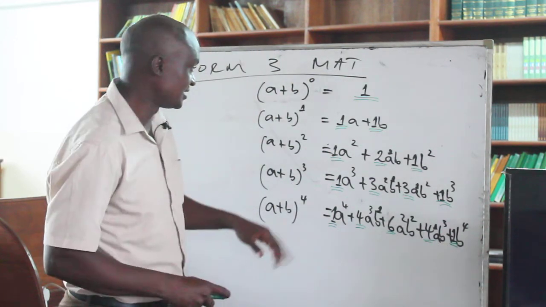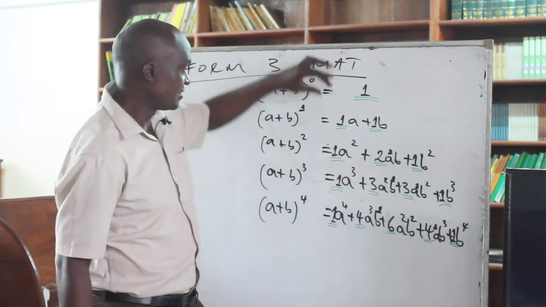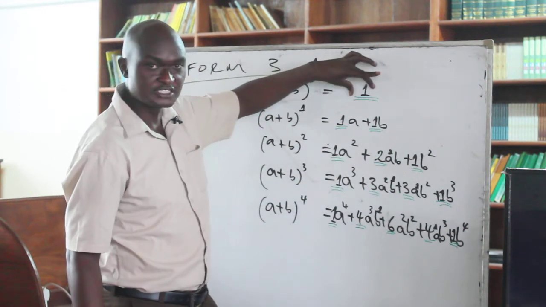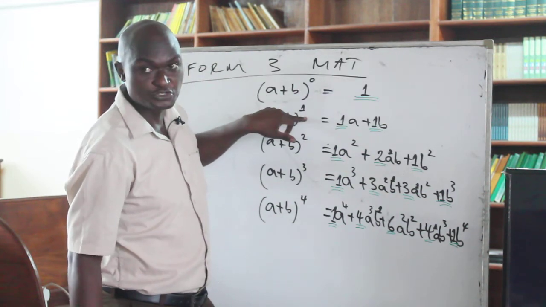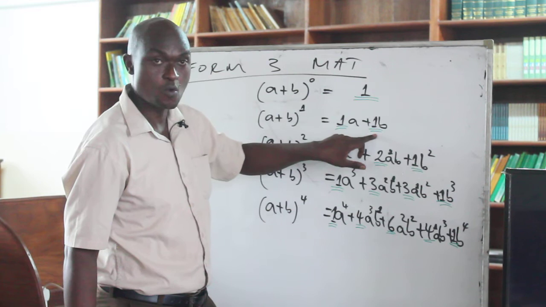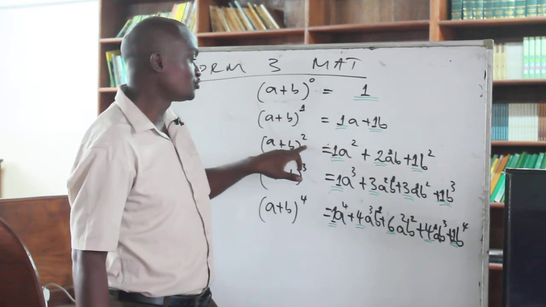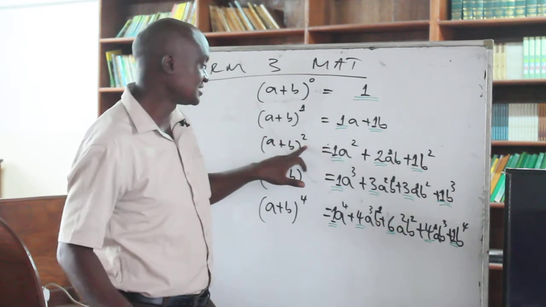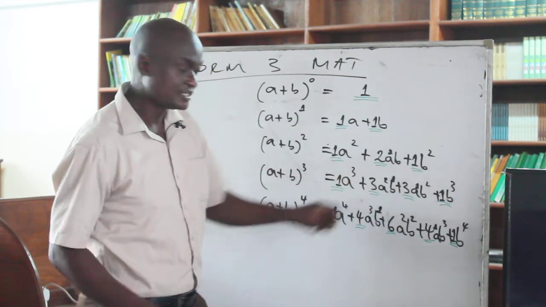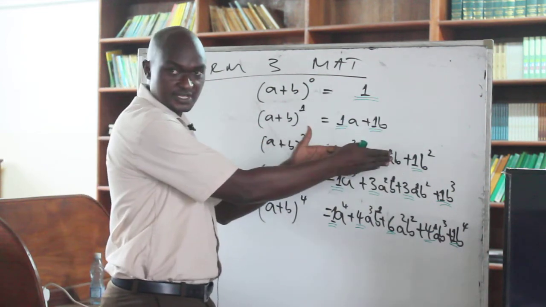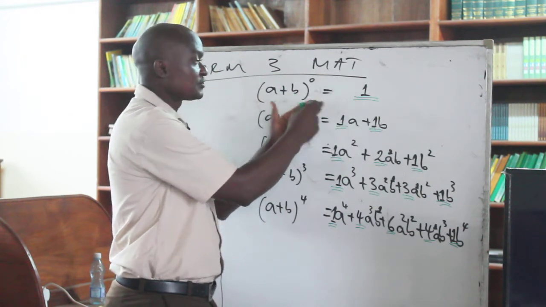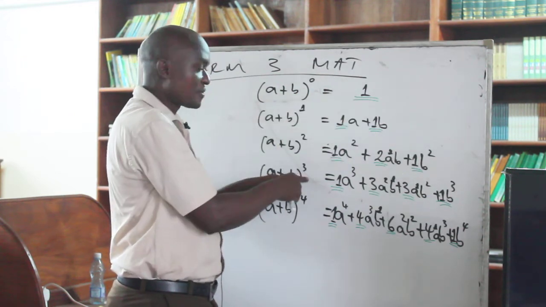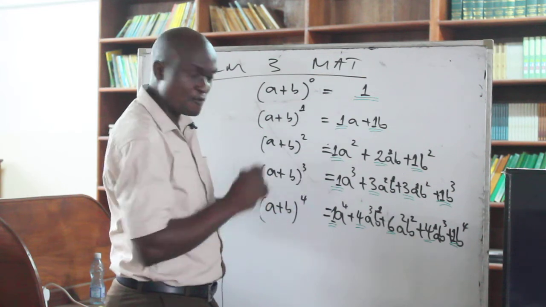This is a very good observation to be making here. Raised to power 0, there is only one coefficient, that is 1. Raised to power 1, there are 2 coefficients and both of them are 1. Raised to power 2, there are 3 coefficients and that is 1, 2, and 1. Raised to power 3, there are 4 coefficients.